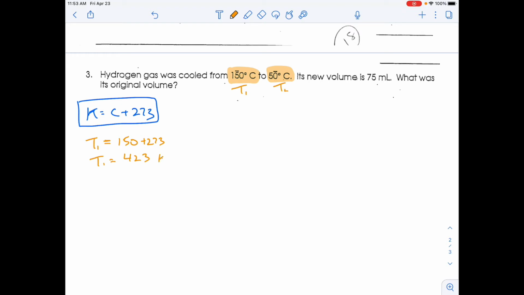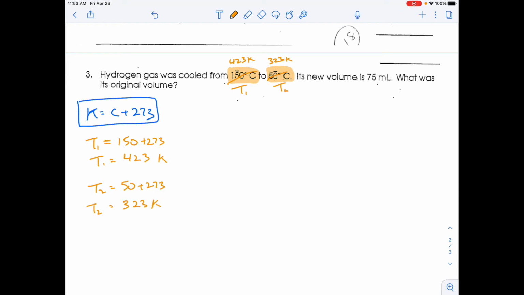Okay, and that is in Kelvin. Temperature 2, that's 50 plus 273, and that's going to equal 323 Kelvin. So we have to convert these to Kelvin. We cannot keep them in Celsius. Otherwise, the formula isn't going to work. They have to be converted.